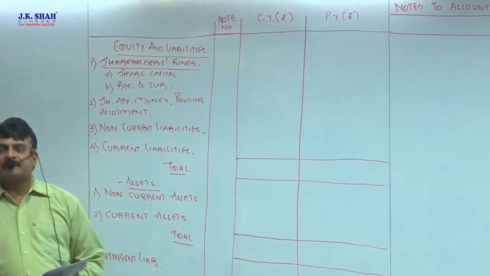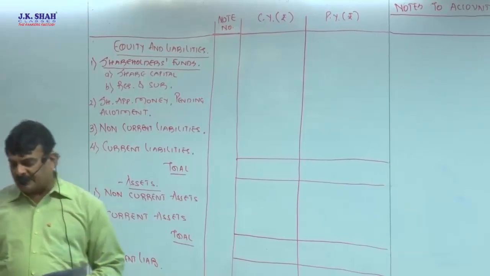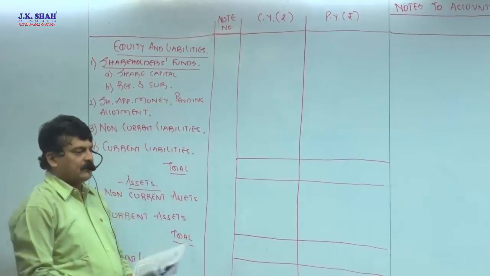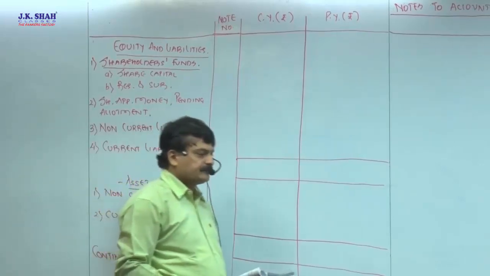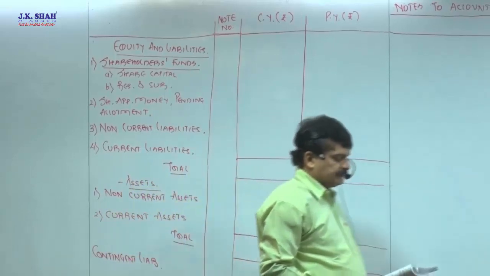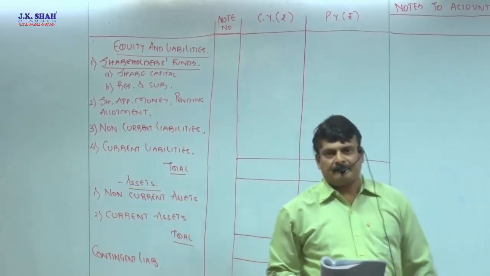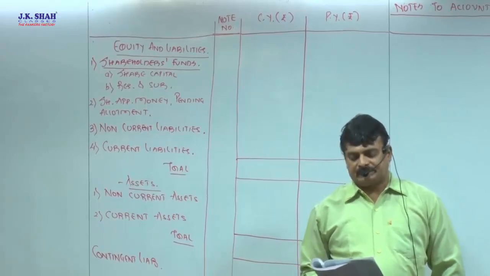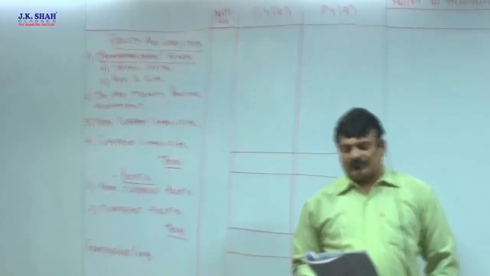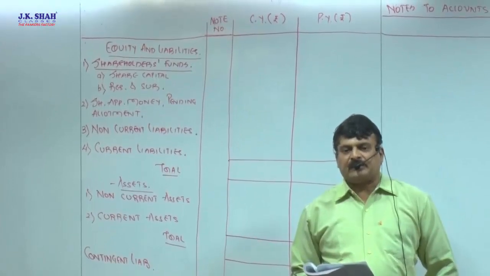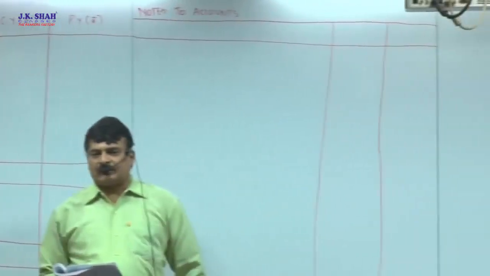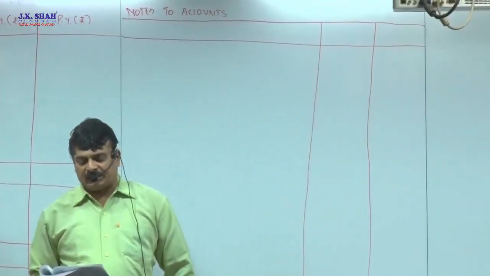C, money received against share warrants. Number 2, share application money pending allotment.